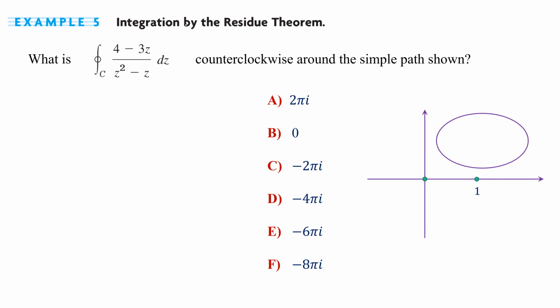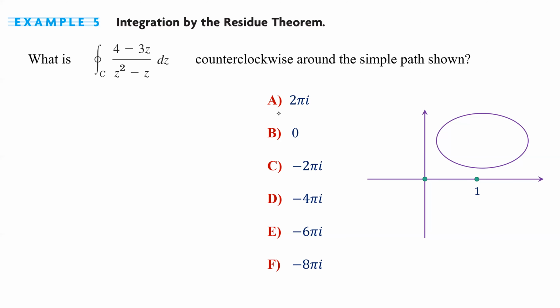All right. You see, the most popular answer was A, and second was B. So does anybody want to share their thoughts on that? I think we have the point z equal to 1 inside of the circle. So what was your answer?